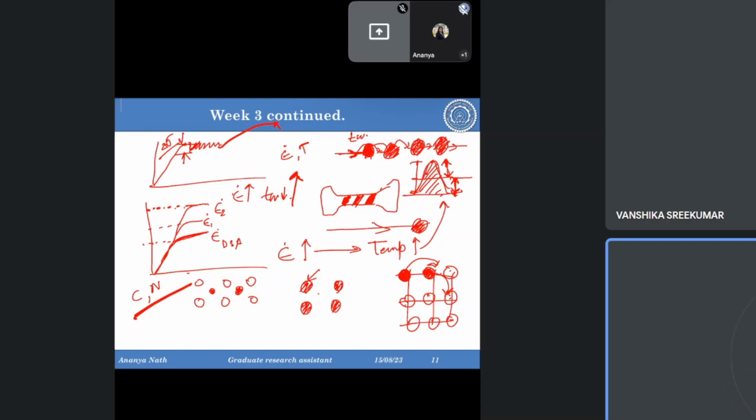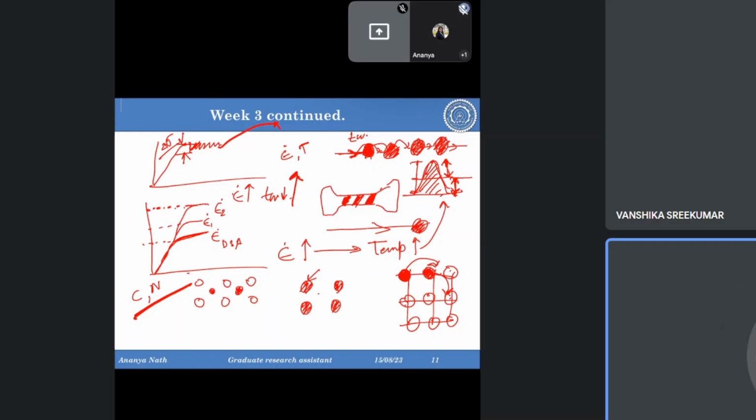This is why they need more activation energy to jump. This is why in aluminium the solute atom movement is slower, and the strain rate increase gives that much high energy or temperature increase, which helps the solute atoms to move faster, finding the vacant positions faster and jumping into them. So this is the DSA.